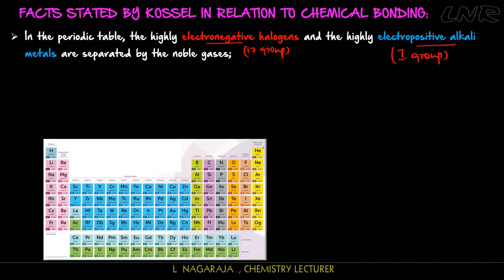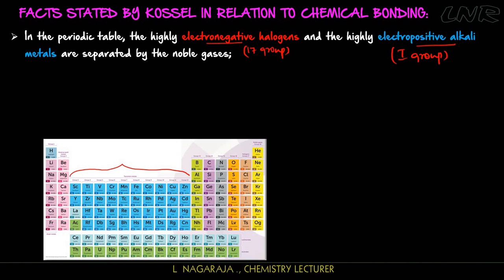And group 13 to 18 elements are generally called p block elements. And the elements present between the alkaline earth metals, that is s block, and p block elements are generally called transition elements. These transition elements generally have variable valencies or variable oxidation states.